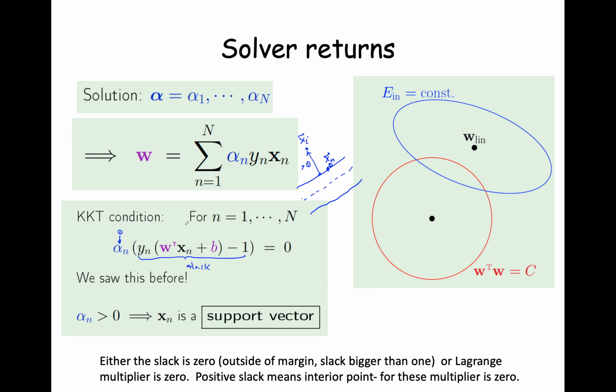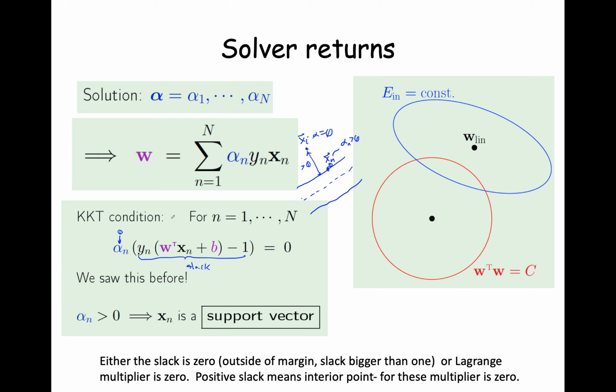So what does this mean? For the on-margin points, alpha is going to be greater than 0. So for the on-margin, alpha n is greater than 0. And for the off-margin point, the one with a slack that's non-zero, alpha is going to be equal to 0. And what does this mean?